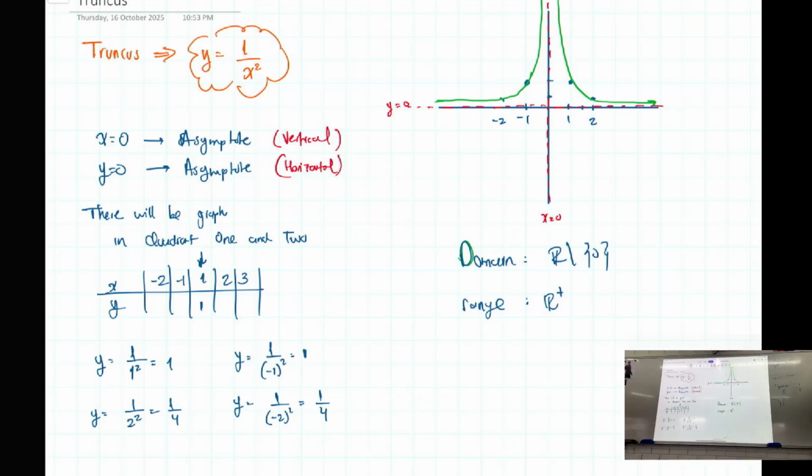Except 0. Again, 0 is not included. Does that make sense? Because you don't see a graph here. Remember, the range is looking at the y values. In here, if I put y values, there is no graph on this side. Whereas in here, for y, there is a corresponding value on x. Does that make sense with the range?